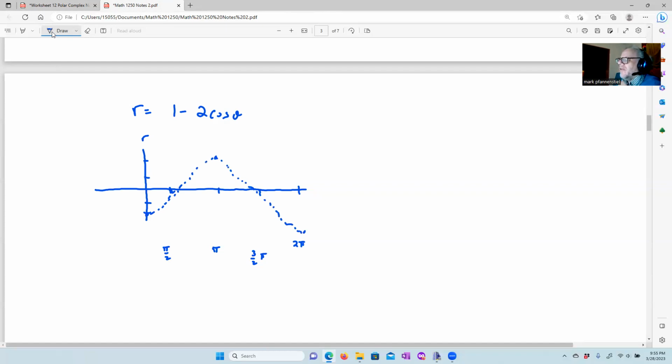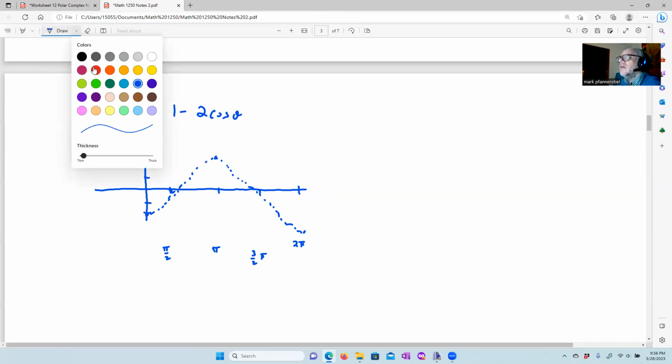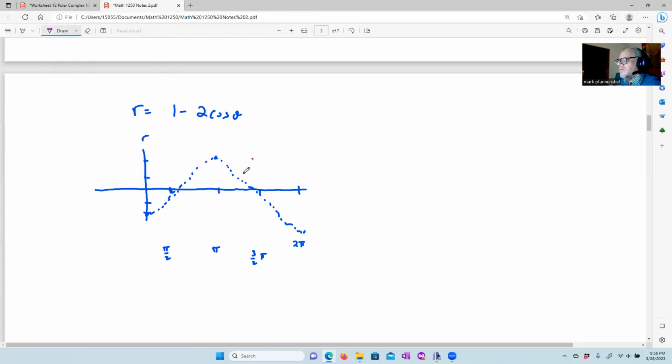Now the next thing we have to do is ask what happens to this 1. You remember from your college algebra class, your Algebra 2 class, that the 1 raises everything up. It's a vertical shift up. So the actual graph that I'm looking at, we'll do it in red. If you think of this as made out of pipe cleaners, we're just going to raise everything up by 1.